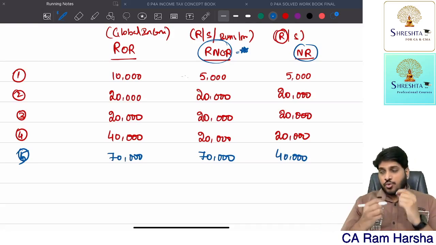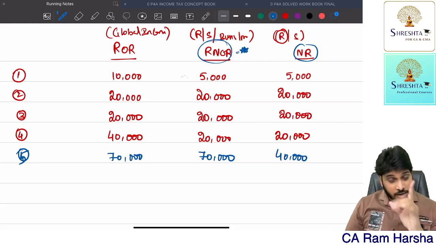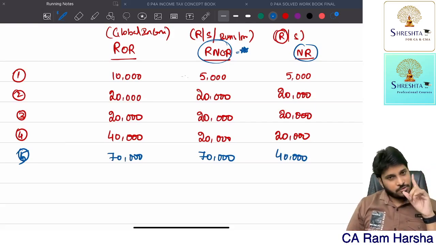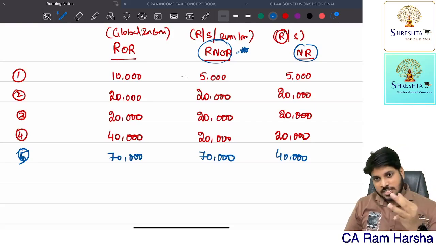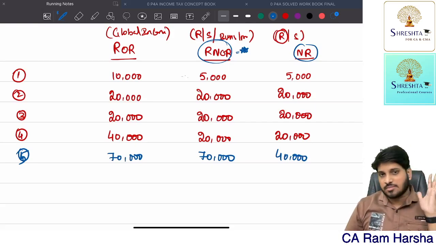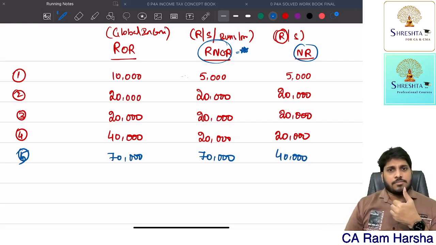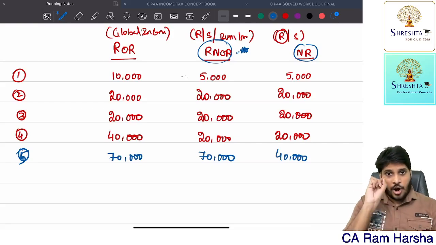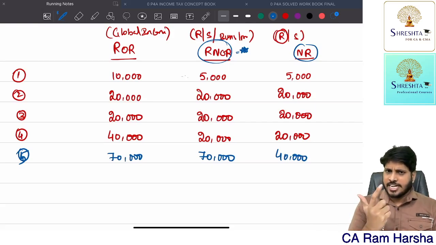Once again, I'll tell you the rule. For a resident and ordinarily resident, global income is taxable. Rule number 1. Whether the source is in India or outside, whether received in India or outside, it doesn't matter, it is taxable. Second, for a non-resident and resident but not ordinarily resident, income is taxable if the source is in India, or if the receipt is in India.